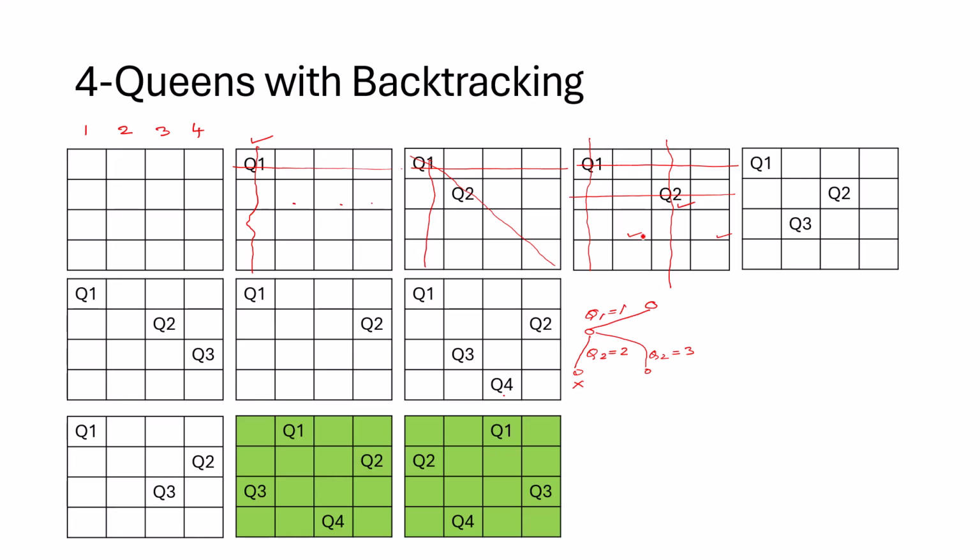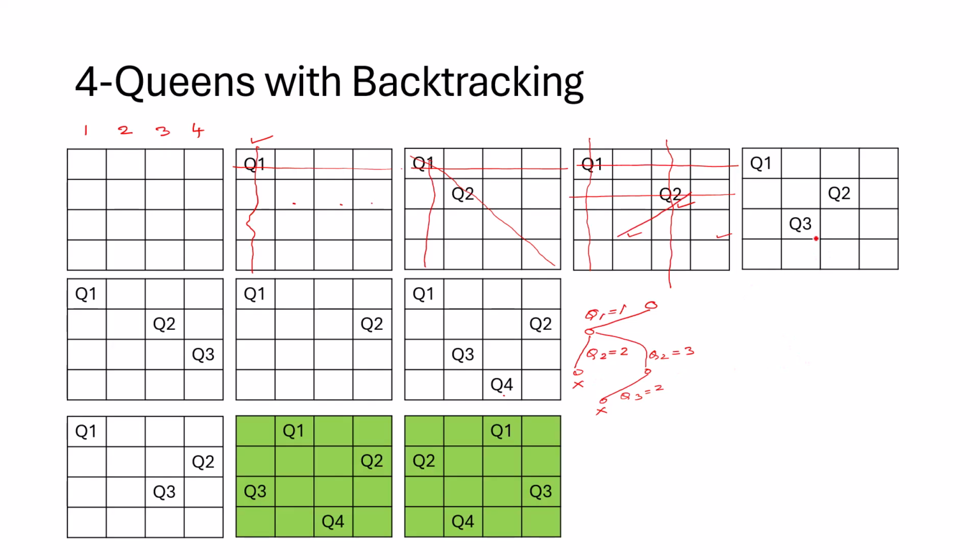But you already know that diagonally, these places are not viable. So if I put, let's say, q3 equal to 2, this state is not viable because this is on the diagonal line for q2.